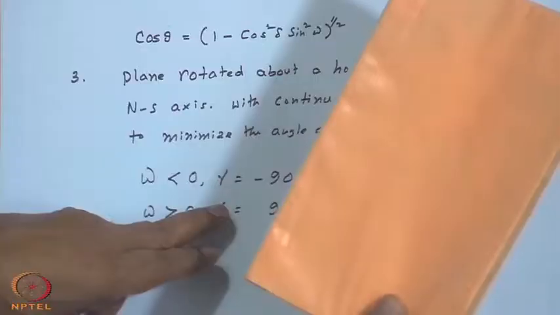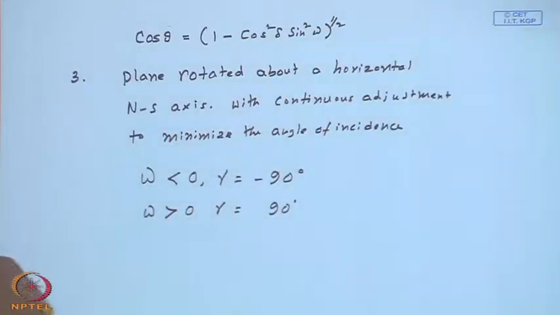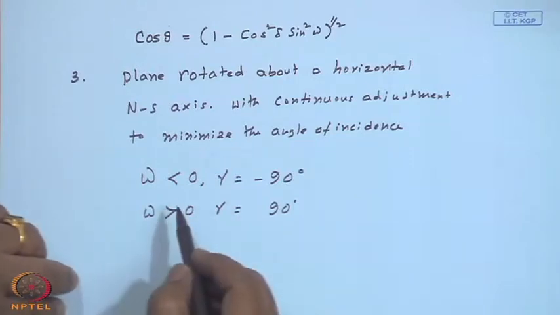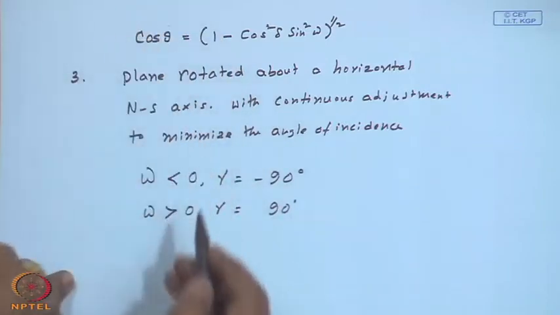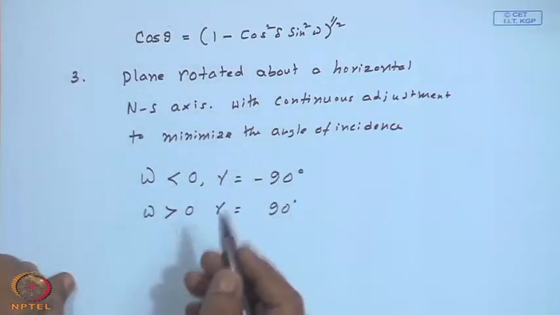If you consider this is the plane, this is the horizontal at noon time, then there is no azimuthal angle, because the projection of the outer normal will be a point only, and towards the east or any time before solar noon, you have the outer normal of the surface facing towards east, which indicates gamma minus 90 as per our notation. Similarly, in the afternoon it will be gamma is equal to plus 90.